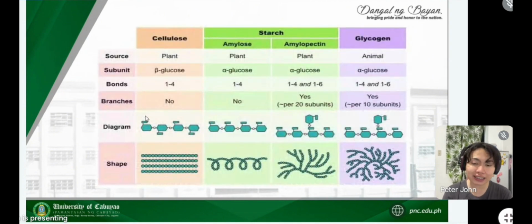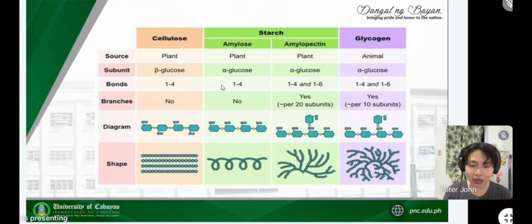Next, we have its structure. So, kung nakikita natin, we have the comparison of the cellulose, the starch, and the glycogen. Ayan. So, yung pinaka-subunit niya is beta-glucose for the cellulose. Under the starch, we have the alpha-glucose, almost similar with glycogen, kasi nga sa plants lang siya, tapos ito sa tao. Then, we have the bonds.